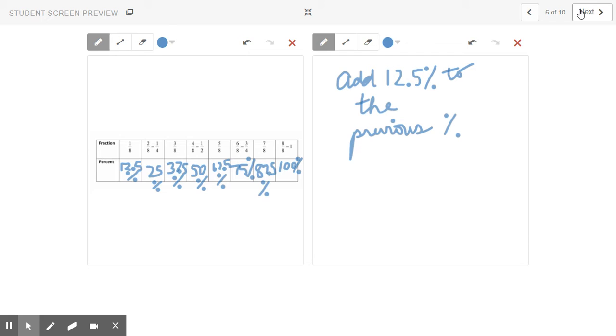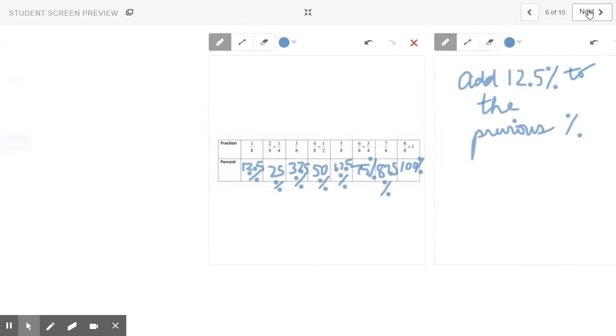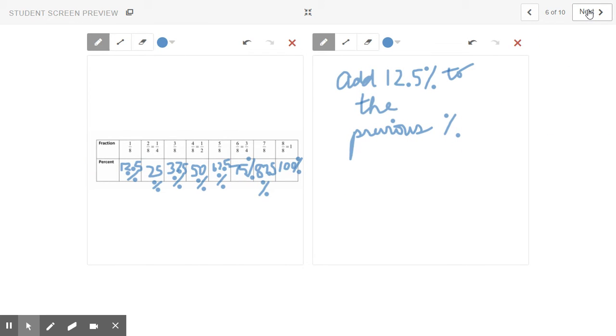Now we're filling out this table. The fraction 1/8 equals 12.5%, which we found in the first slide. So if we know that 1/8 equals 12.5%, then as we move up the table, it goes up by 1/8, you add another 12.5.